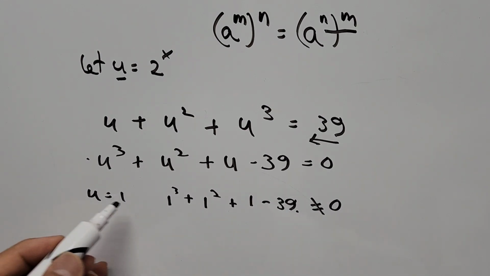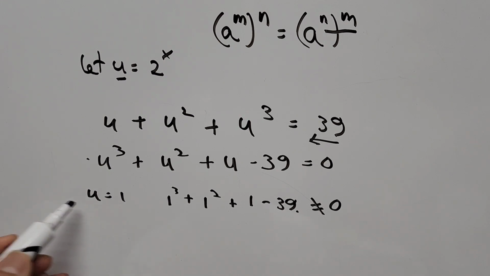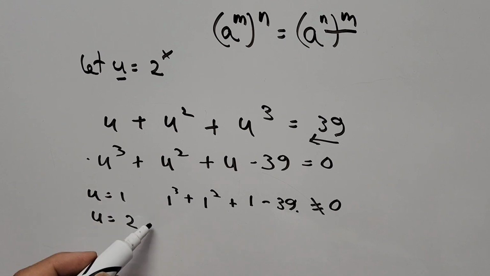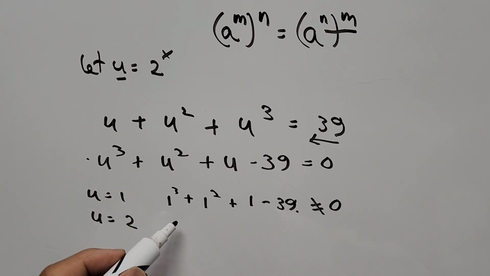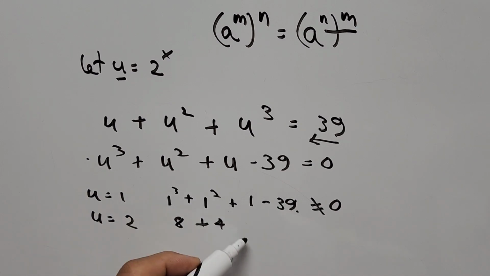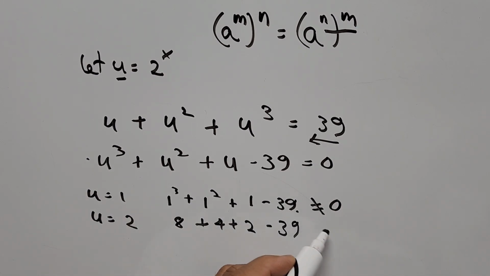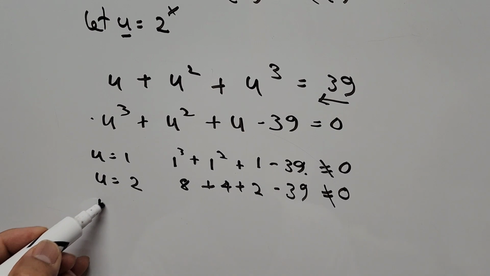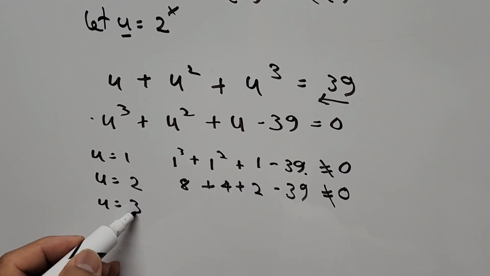So that means 1 is not the solution. If we put u as 2, 2 cubed is 8, plus 2 squared is 4, then u is 2. Once again, this will not produce a 0 result. What about using the value of u as 3?